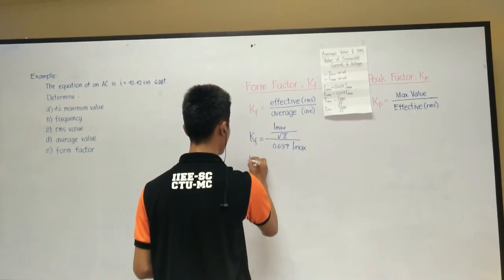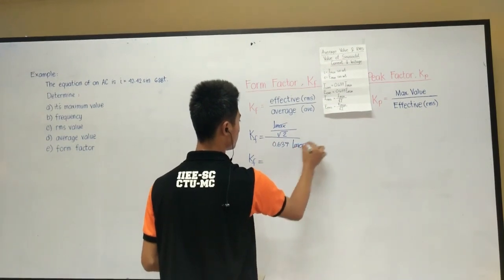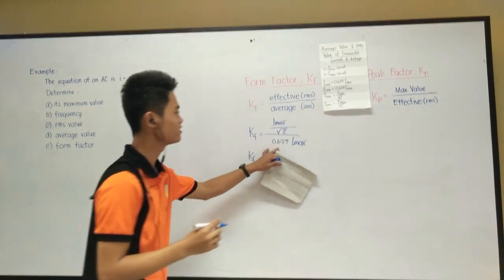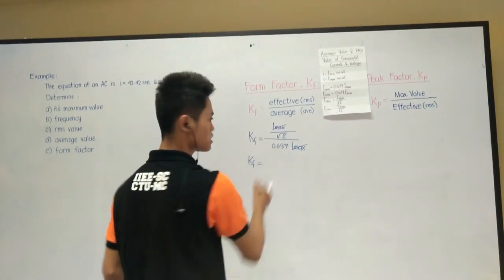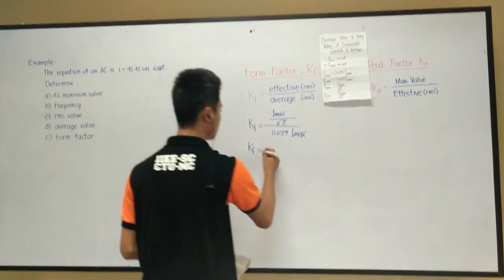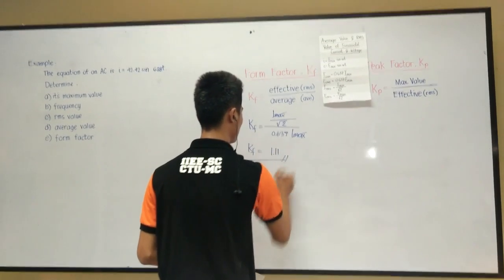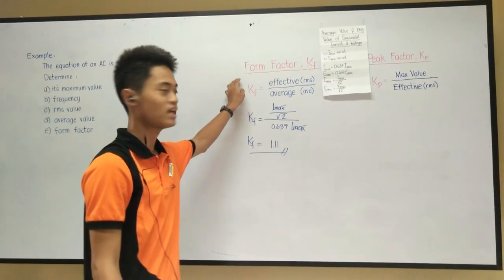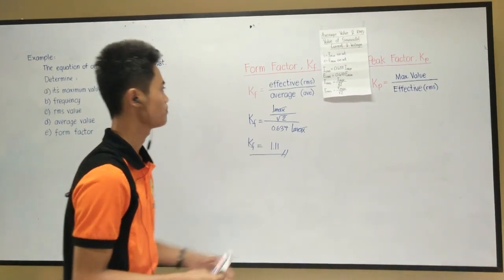By simplifying, I max here will be cancelled and only the numerical coefficients are left. Therefore, the answer is 1.11. Therefore, we can state that the form factor Kf is constant and is true for all.